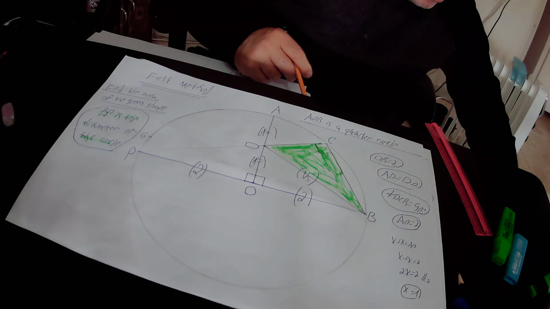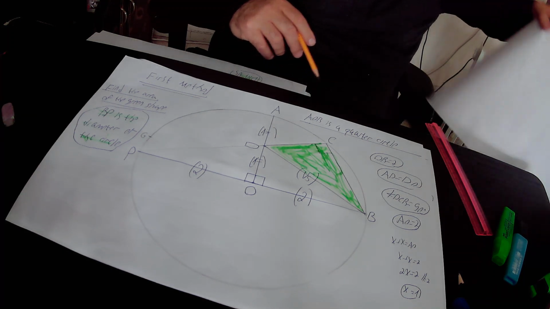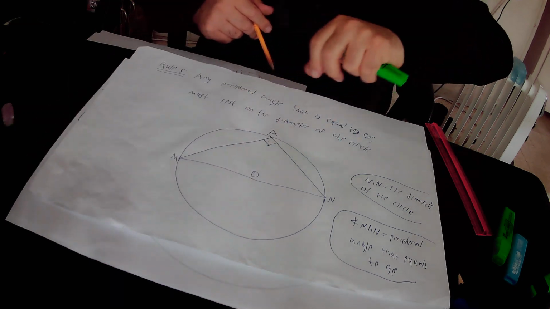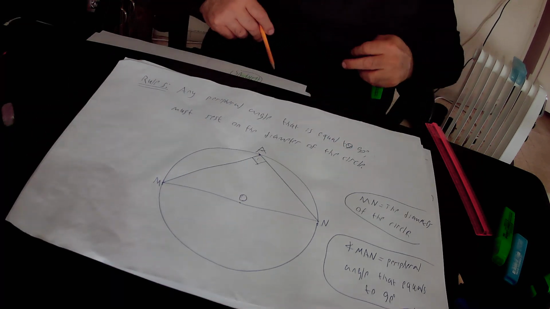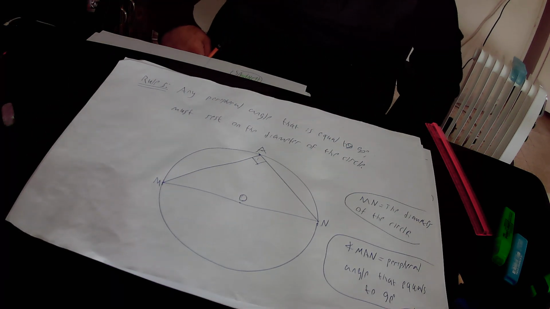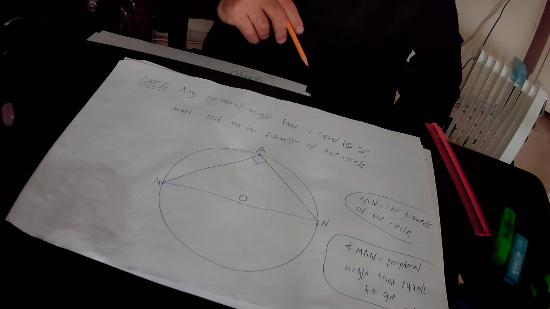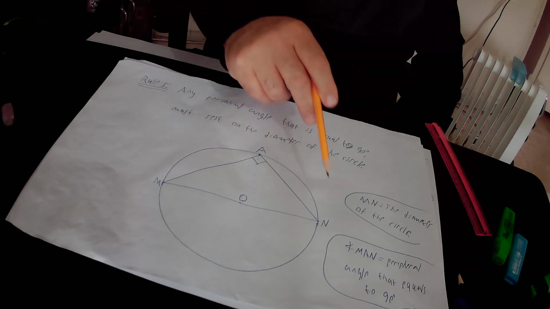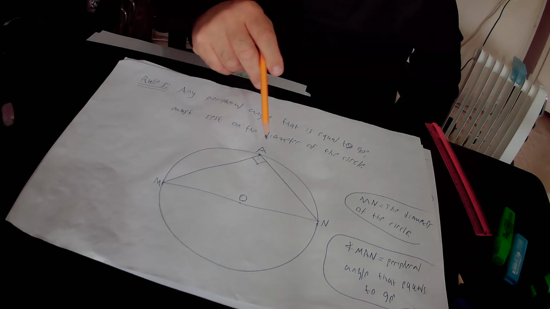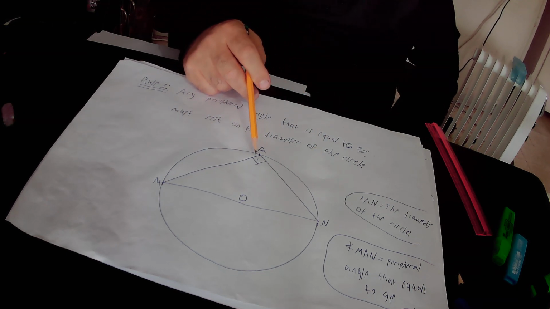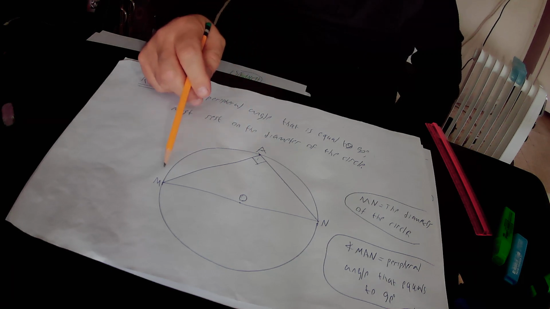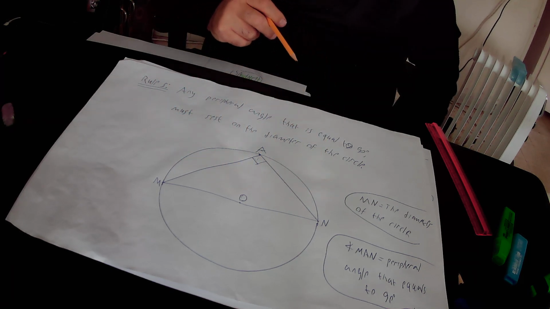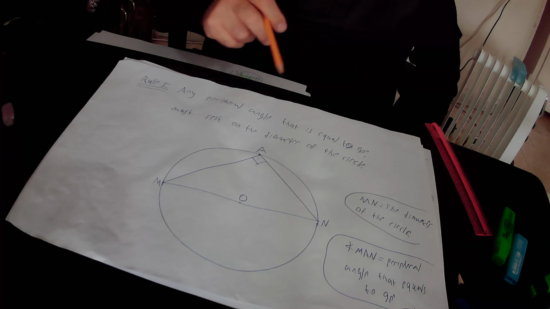I repeat again rule 5. According to rule 5, any peripheral angle that is equal to 90 degrees in size must be subtended on the diameter of the circle. We have a peripheral angle MAN, and this peripheral angle MAN equals 90 degrees in its size, and indeed it's subtended on MN, that is the diameter of the circle.